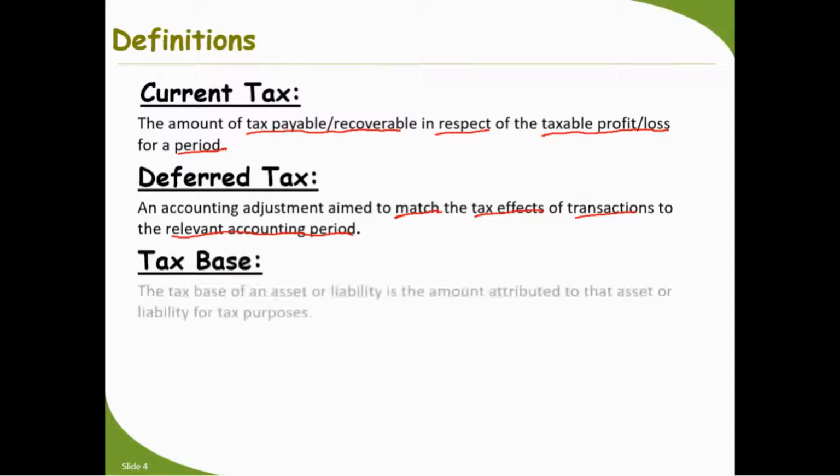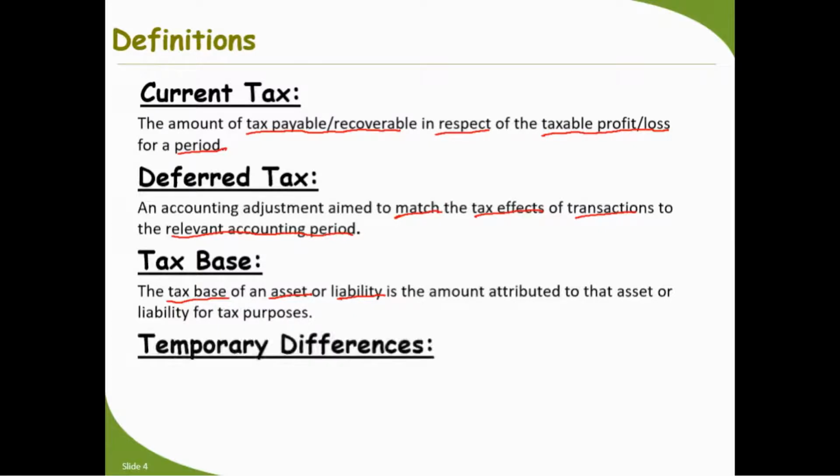Then what is tax base? In simple words, this is the carrying value by tax authorities of your assets or liabilities. So the value at which your tax authorities will measure your asset or liability is called the tax base.